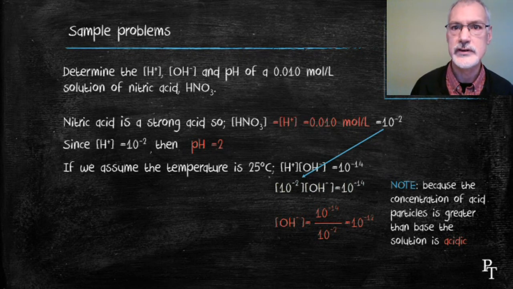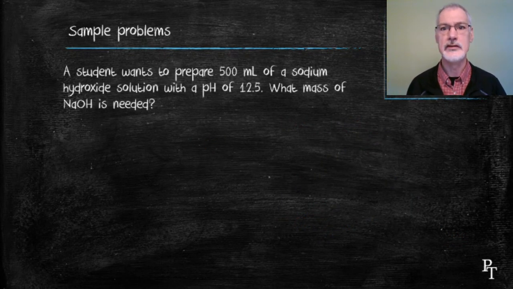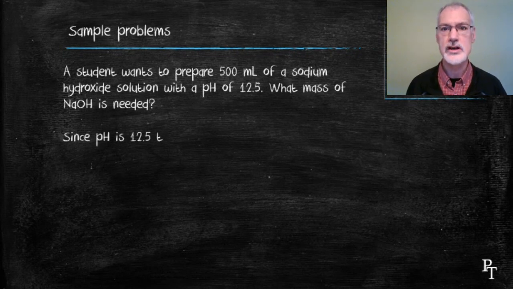Let's try another example, but this time we'll try a base. You've been asked to prepare 500 milliliters of a basic solution of sodium hydroxide, and you want the pH to be 12.5. So how many grams do you need of sodium hydroxide to do this? I'm going to begin with the pH. With knowledge of the pH, I know what the concentration of the hydrogen ion is.